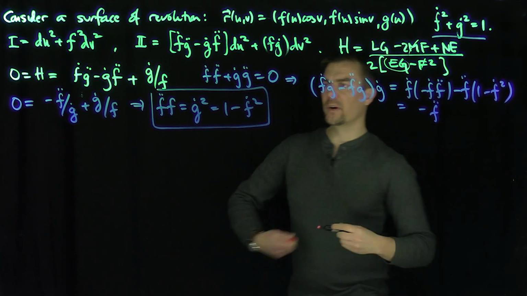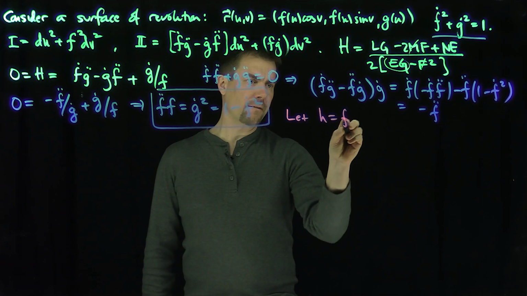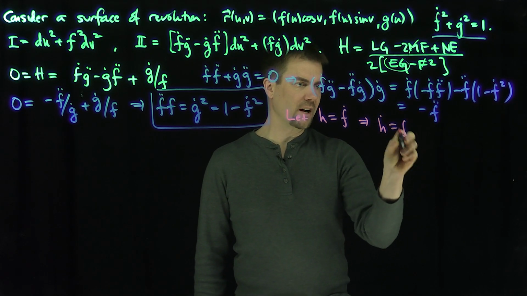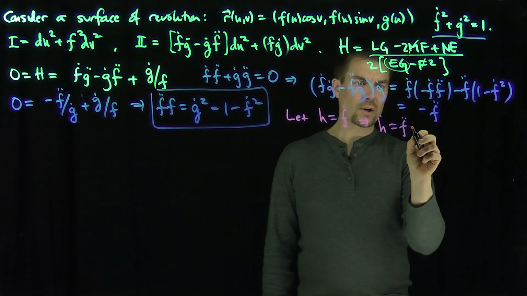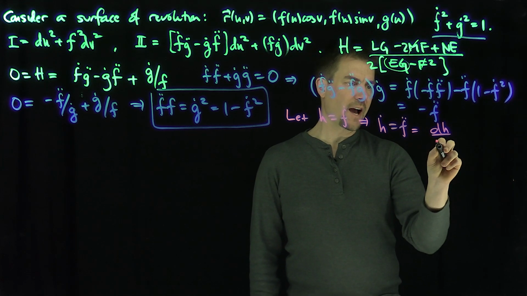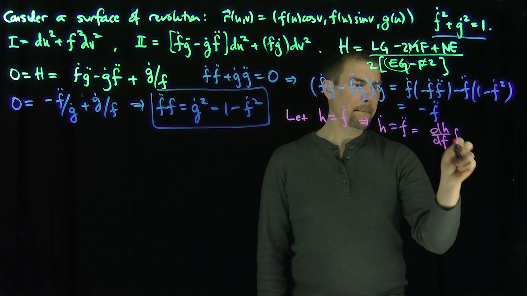Now what I'm going to do is the following. I'm going to let h be f dot. Then h dot is f double dot. And that's also equal to dh df times f dot, df dt.